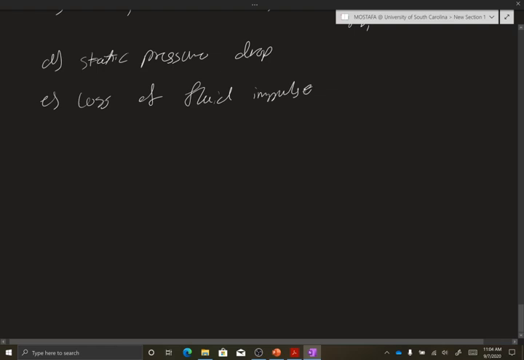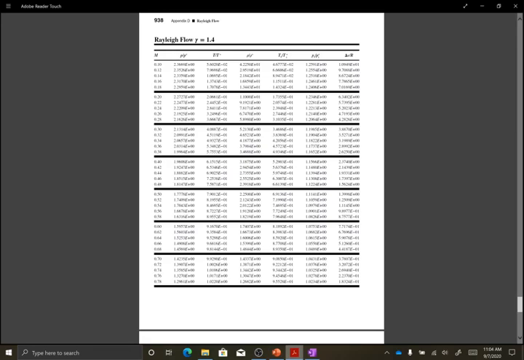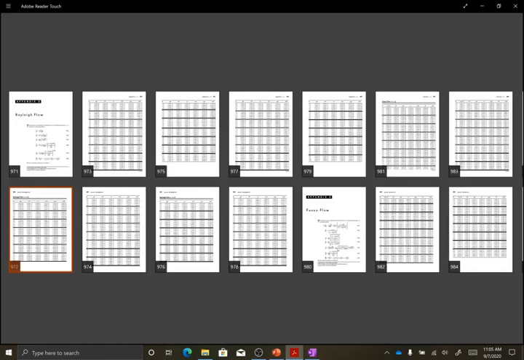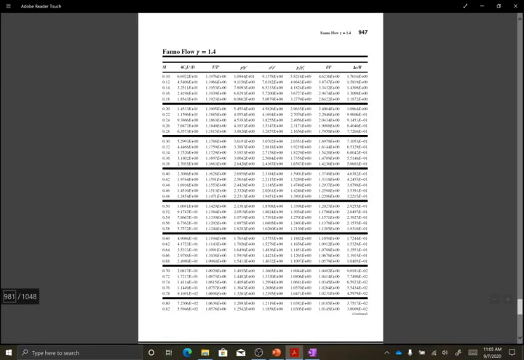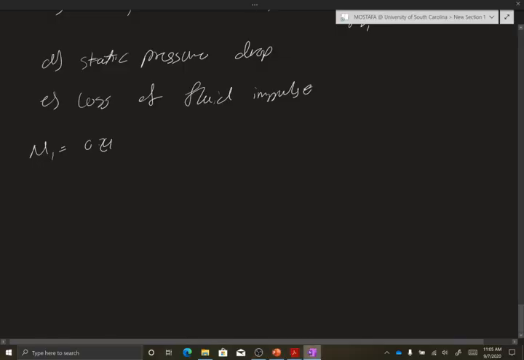Okay, so we have M1 as 0.24, right? This time we need to go to the Fanno table. Fanno tables are in Appendix E, and your gamma here is assumed to be 1.4, so we're going to go to this table, right? The Mach number is 0.24, so we are looking at this row for all the parameters. We are going to read the parameters. Let's write them here.